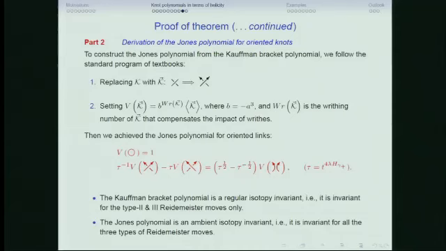We just replace the unoriented link with oriented links, and we give a writhe-dependent factor to the right-hand side to compensate the impact of writhe. By doing this, we achieve the skein relations of the Jones polynomial for oriented knots.